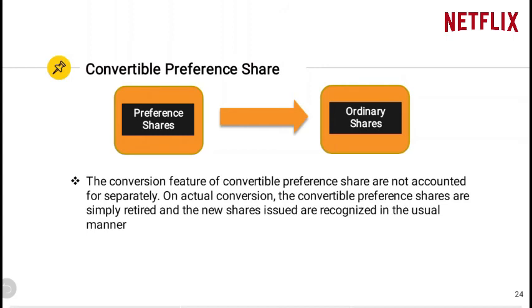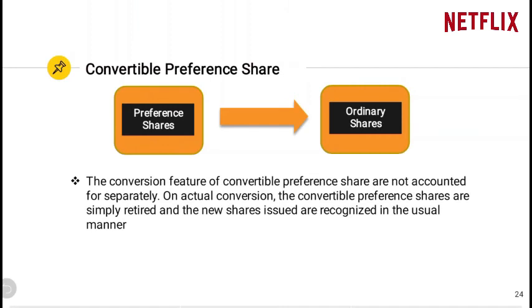Kapag mas malaki ang issue price sa par value of common stock, kukulangin tayo sa credit. Kaya naman, credit dito is share premium, ordinary shares, but if par value of common stock is higher than issue price, kukulangin naman sa debit. Kaya debit, retained earnings. So, yun yung rules when it comes to conversion.